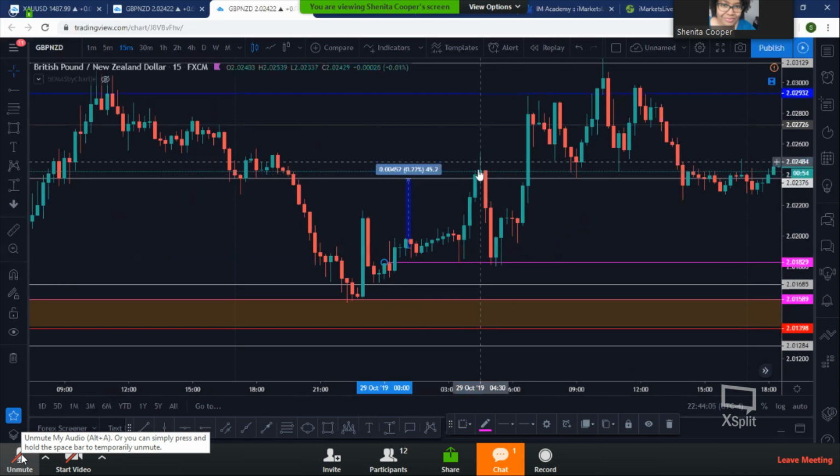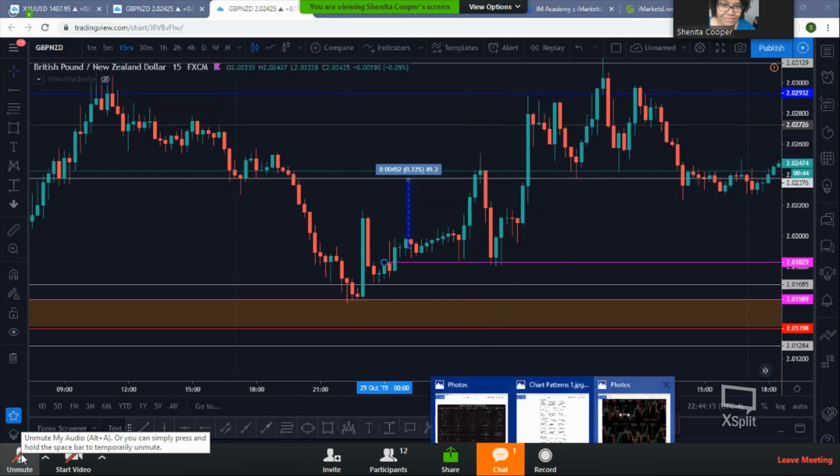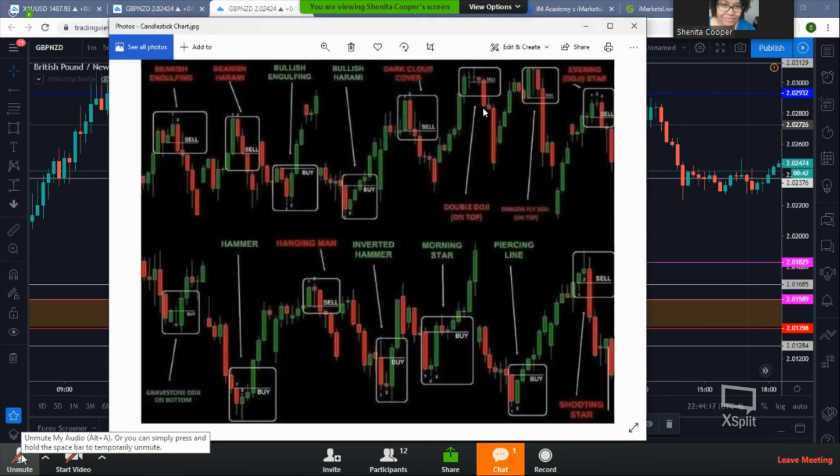Doji. This candle right here is larger than this candle. This is your evening star pattern, right here. That's your evening star, and you are dropping.